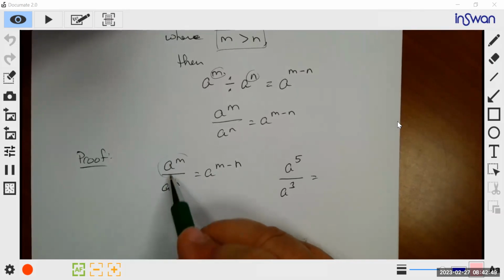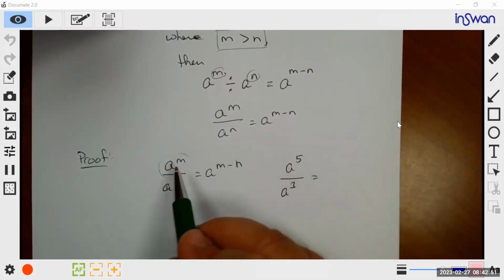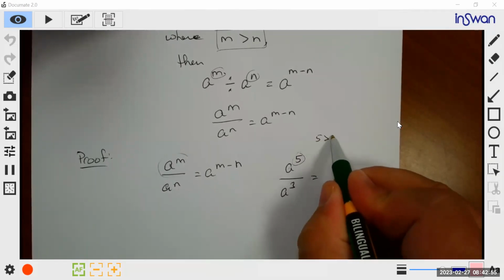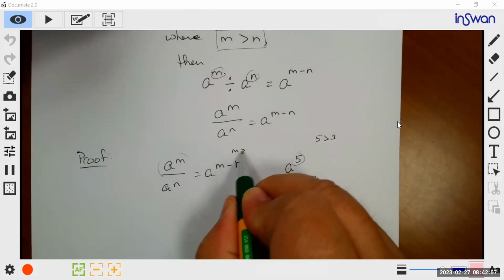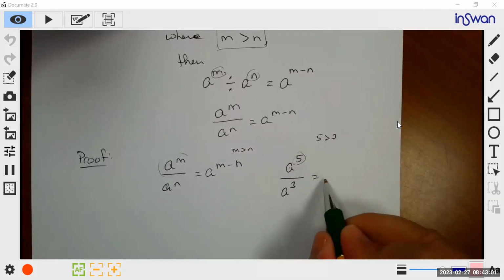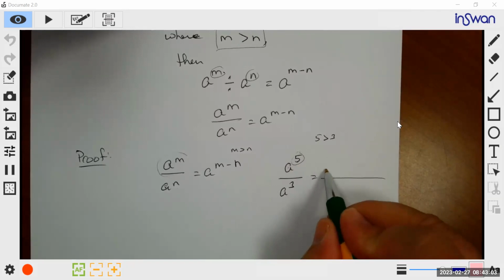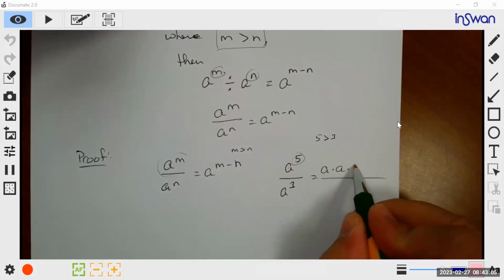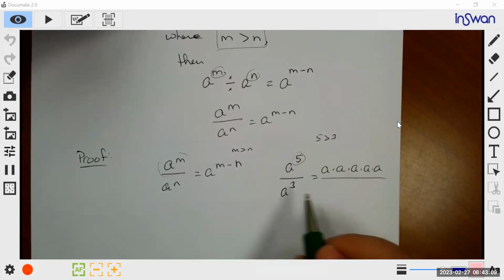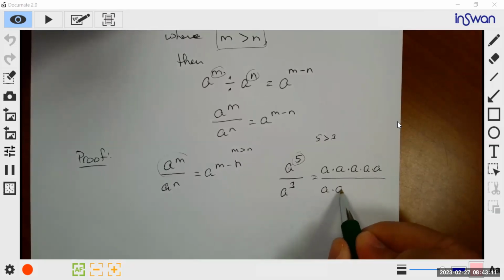We have the same bases, they're both A's, M and N. And this number, 5, is bigger than 3, so M is bigger than N. What does A to the 5th mean? It means A times A times A times A times A, 5 A's, over A to the 3rd.